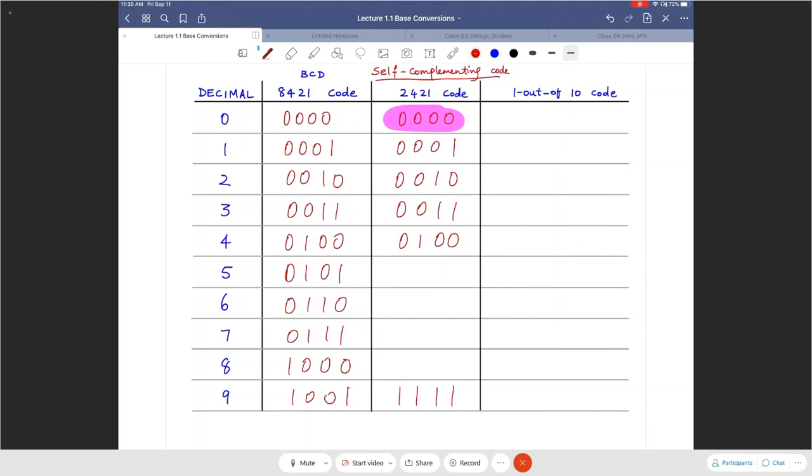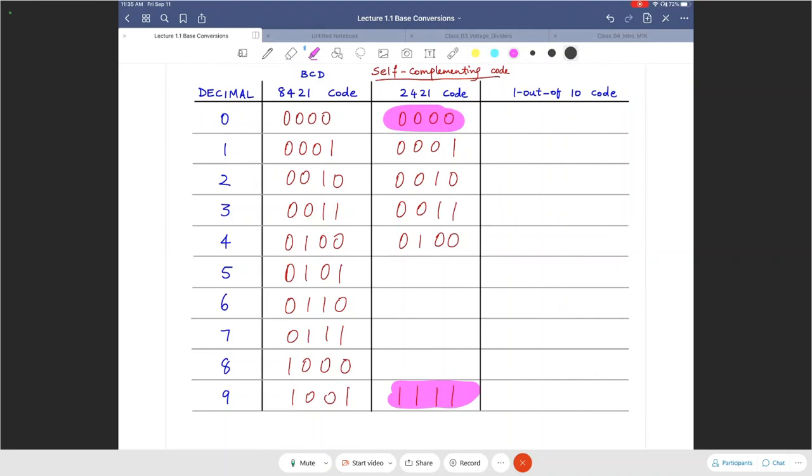Perfect. 1 times 1 plus 2 times 1 plus 4 times 1 plus 2 times 1. What did I get? 9. You guys see that? Those are related. Take all the bits, flip them, and you get the other end.